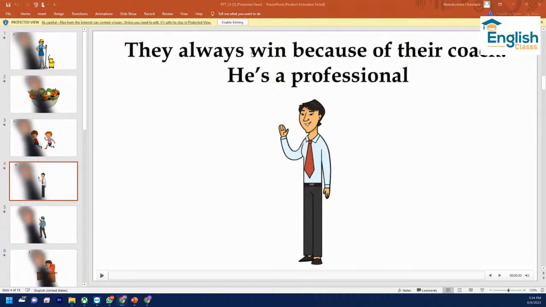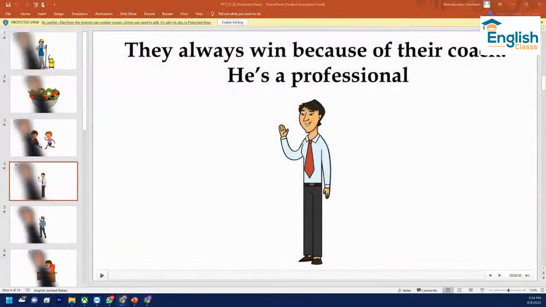And you can never say always they win or they win always. Always they win is wrong. They win always, wrong. Then what is the right way? What is the correct sentence? They always win. The word always should be here in the middle of the sentence just before the verb.